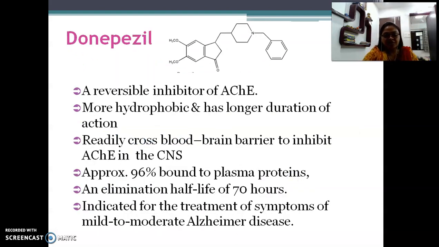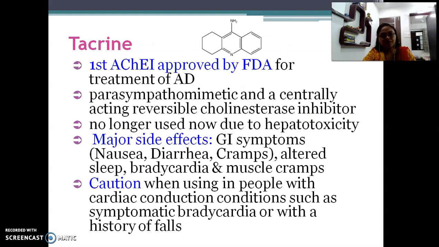The major side effects associated with the use of tacrine are GI symptoms like nausea, diarrhea, cramps. We also see altered sleep, bradycardia, muscle cramps. We use it with caution in those who have cardiac conduction conditions such as symptomatic bradycardia, or those who have a history of falls.